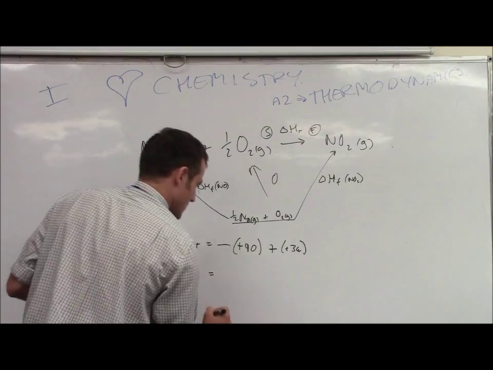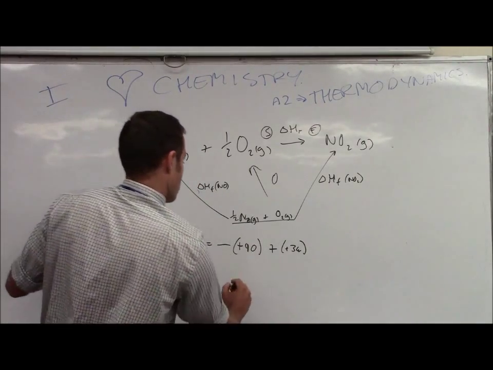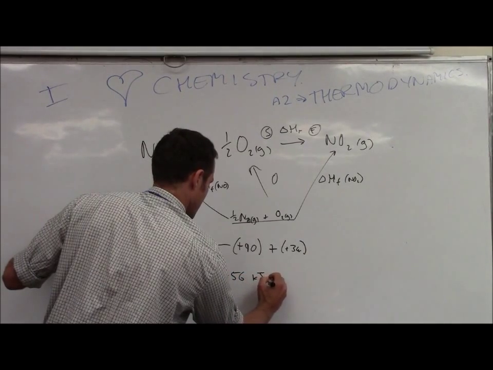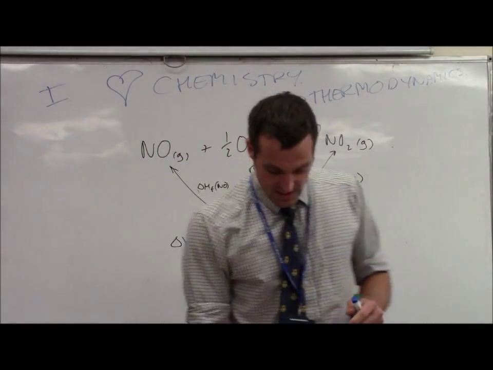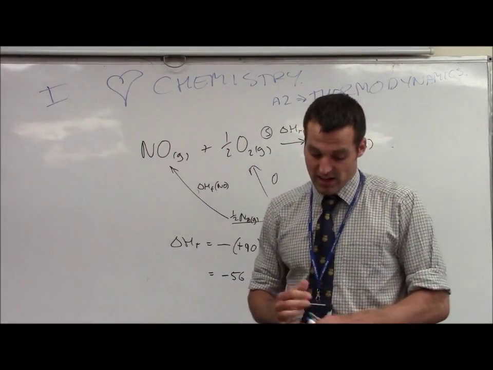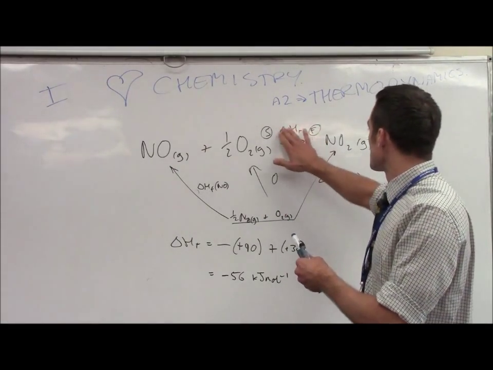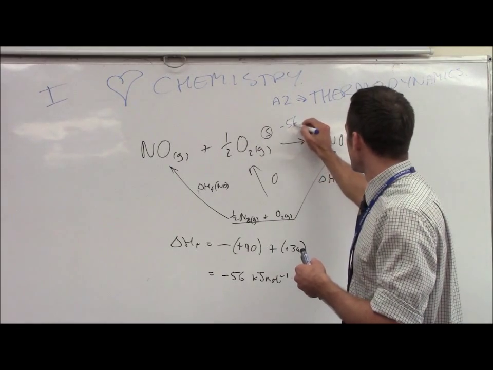So I should just be minus 56 kilojoules per mole. That should be my delta H. Calculate the entropy change for the reaction. So let's just change this now into minus 56.